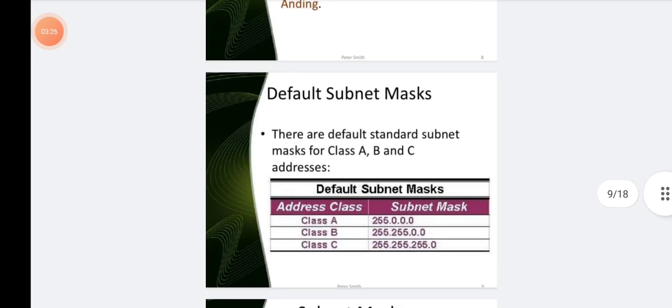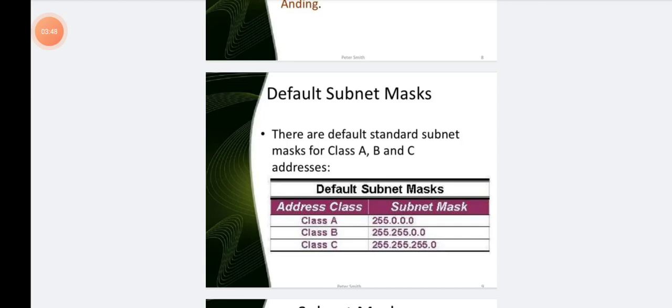Default subnet mask. There are default standard subnet masks for class A, B and C addresses. The address classes are class A, class B, class C, and the subnet mask for class A is 255.0.0.0.